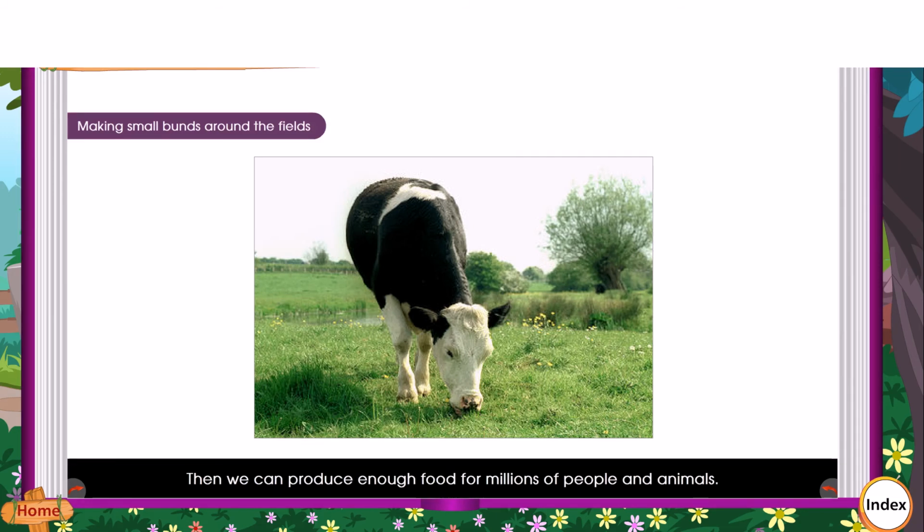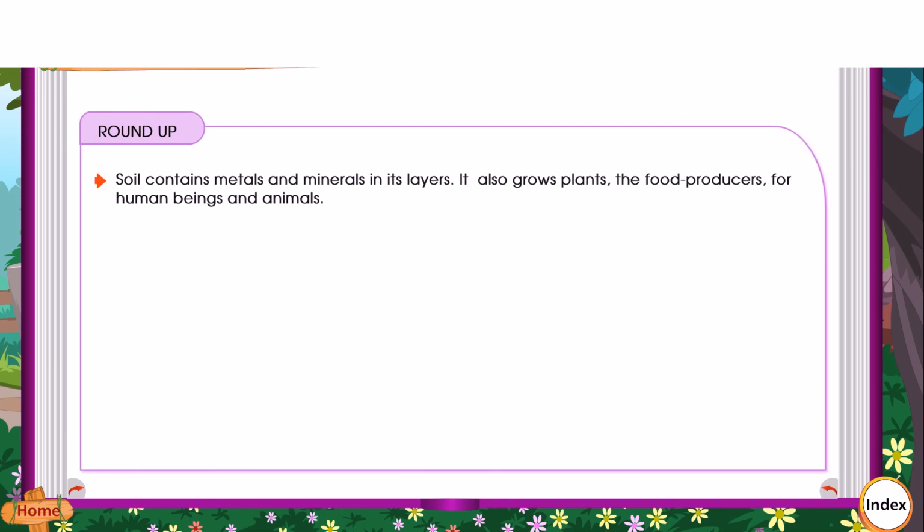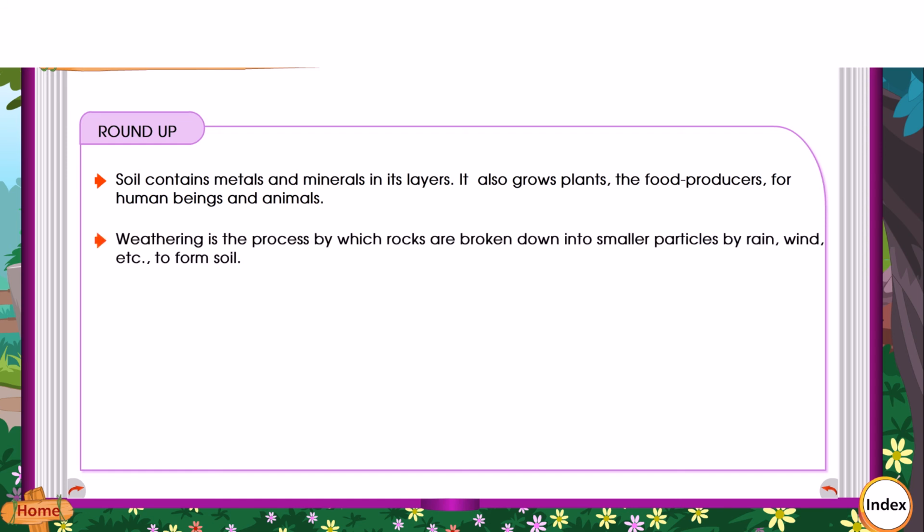Roundup. Soil contains metals and minerals in its layers. It also grows plants, the food producers for human beings and animals. Weathering is the process by which rocks are broken down into smaller particles by rain, wind, etc. to form soil.